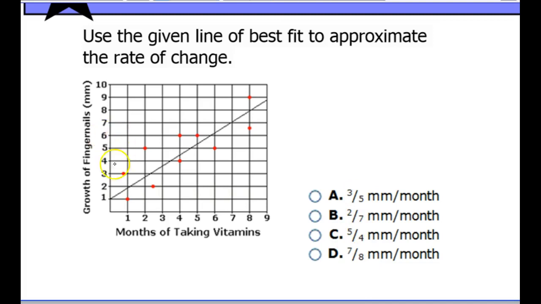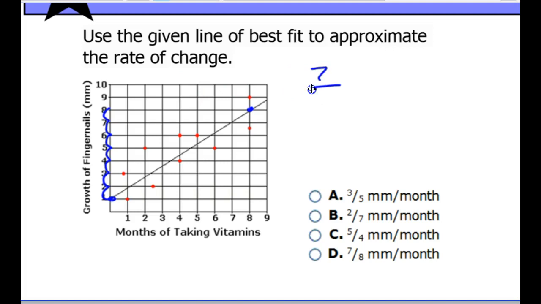So we need to look on our line at points where we think our line is going to cross an intersection. It looks like we have one here and one here. If we find the slope from that point to that point, we're going up 1, 2, 3, 4, 5, 6, 7.